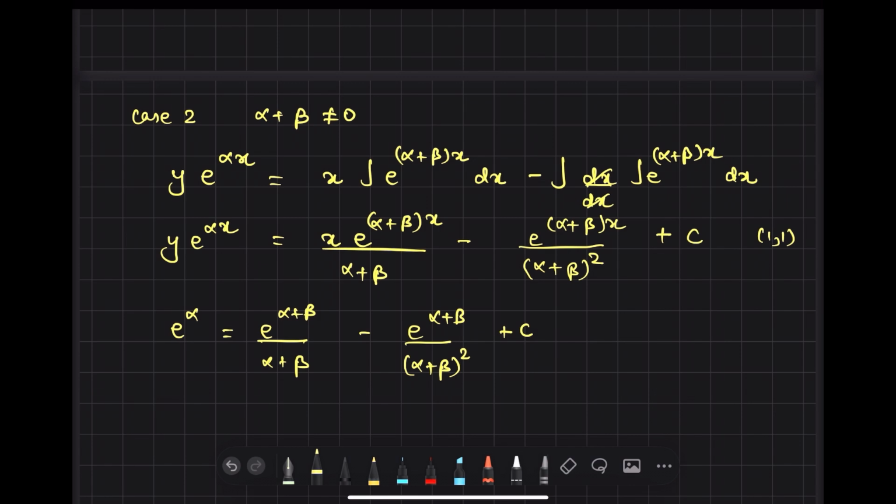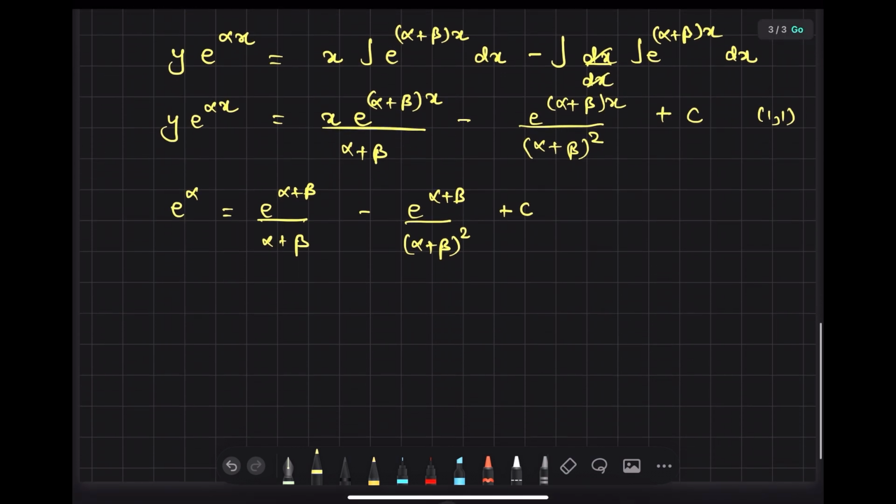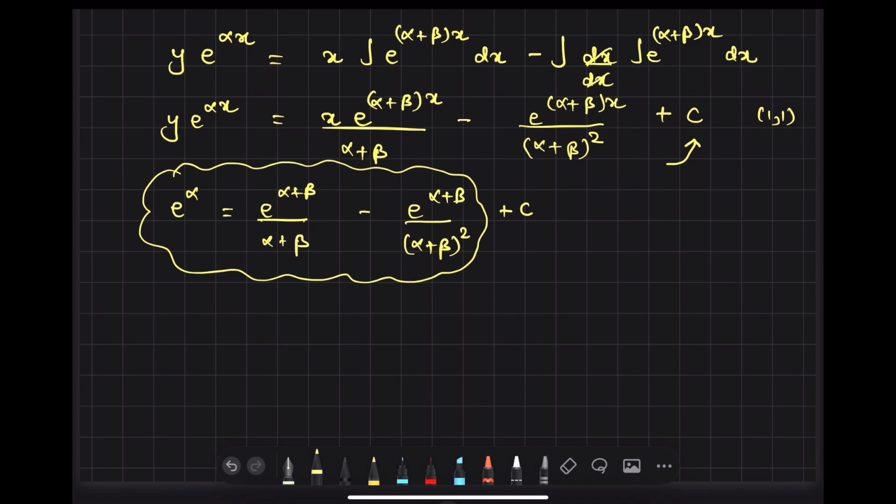Okay, now let's update everything. So in place of c we will be writing this value. Okay, rearrange and then write. So look at this, what will happen.